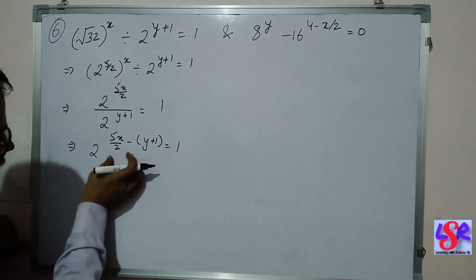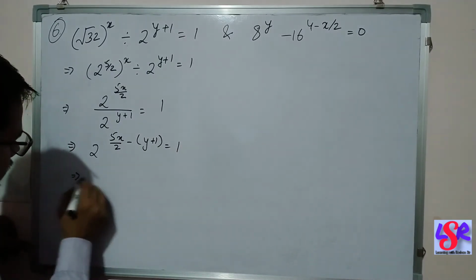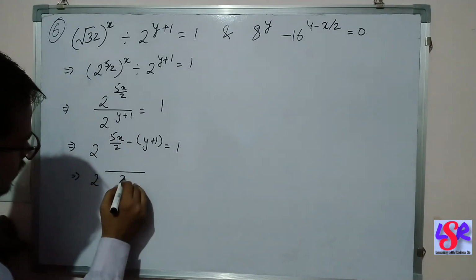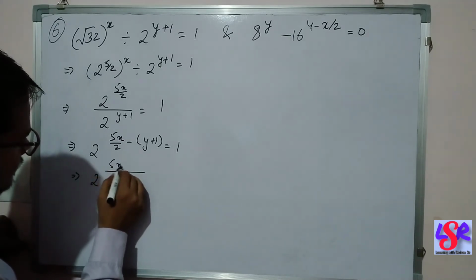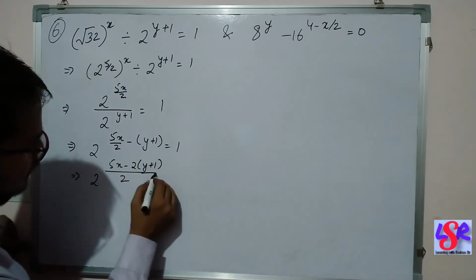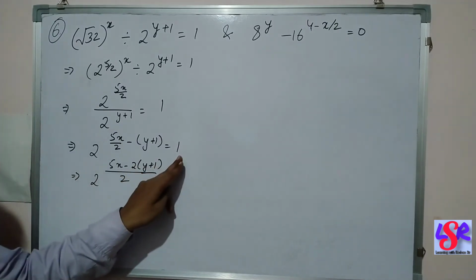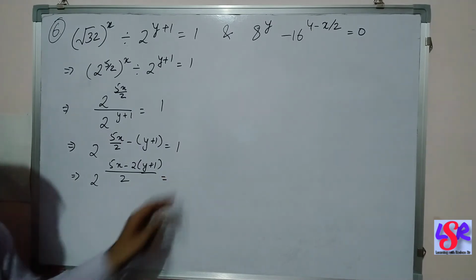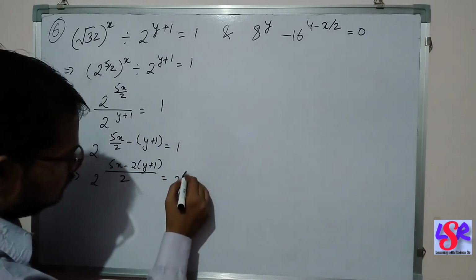Now on taking LCM, it will be 2 to the power (5x minus 2y plus 1) upon 2, and here we are having 1, so any number to the power 0 equals to 1, so we can write this one as 2 to the power 0.